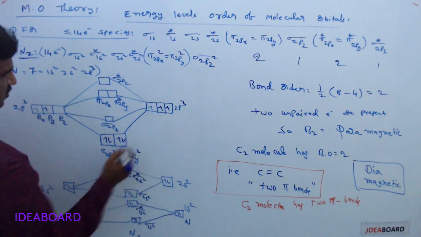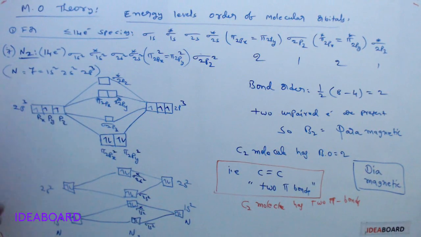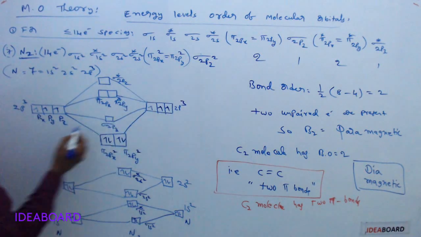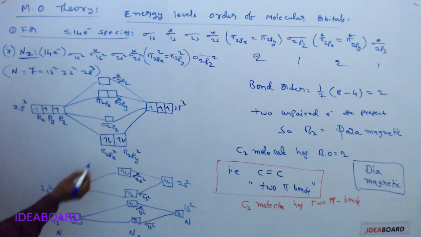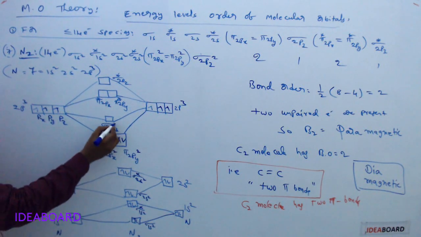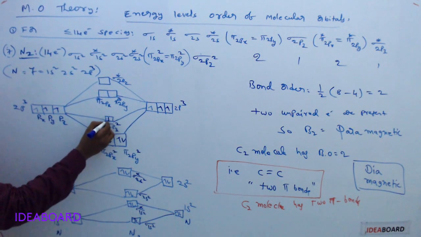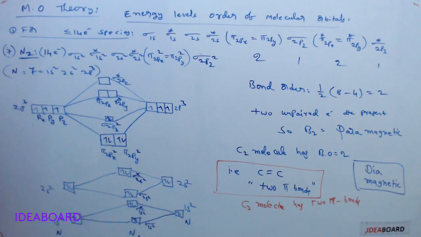Here 2 electrons and this is 3 electrons. Now there is the same type of configuration up to this and one more orbital is added, because 3 plus 3 is 6 electrons, already 4 electrons filled and now we are filling 2 more electrons here, 1 and this is 2. This is the N2 molecular orbital diagram.